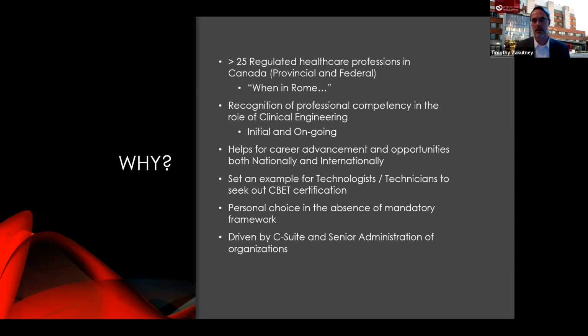So I recognize that there are well over 25 regulated healthcare professions in Canada, with colleges and associations, and often for the professionals that we work with in the hospital, it's mandatory to be part of this as part of a continuing education process, as a method to ensure their skill set is up to date, which, looking back at the slide I just presented, is exactly the purpose of the board.